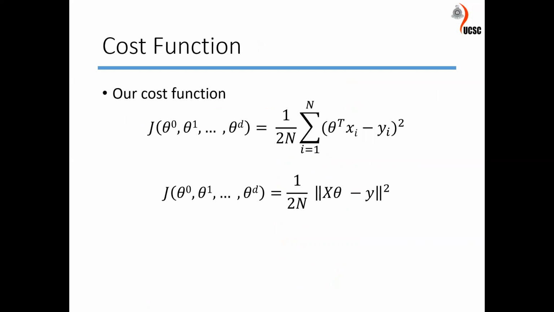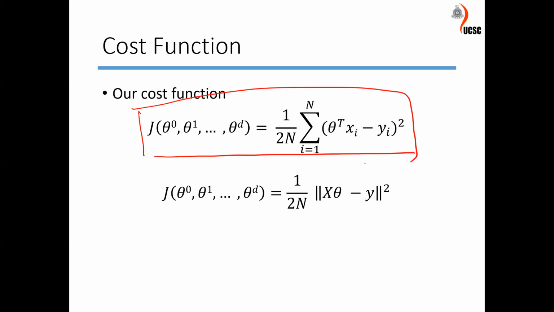So now we're going to do this with the normal equation method. We finally end up with this kind of equation. This is our cost function. Previously it was h of x_i, then we replaced it with theta transpose x_i.